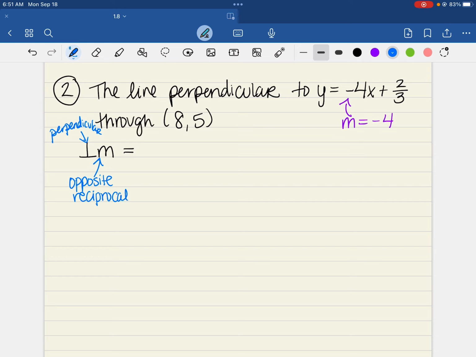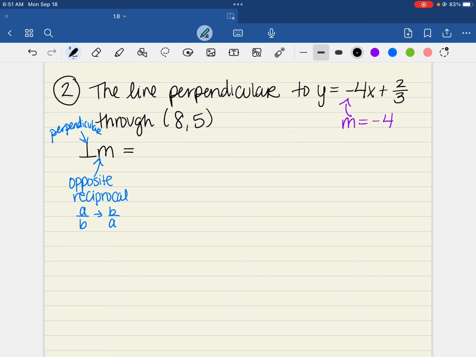Opposite reciprocal, meaning opposite sign, positive, negative. Reciprocal meaning you change the numerator and denominator to be the opposite. Please try to avoid the word flip. Dolphins flip, fractions reciprocate. Make sure you're using your math vocab.